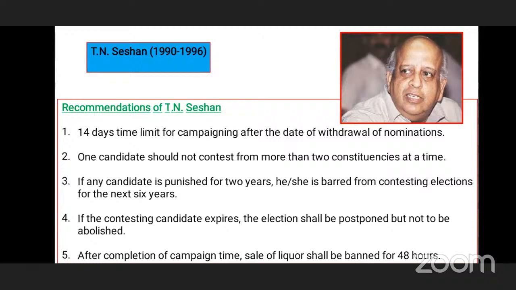These are the recommendations by T.N. Seshan. These recommendations were very popular in his period, and these are the reforms we continue even nowadays.